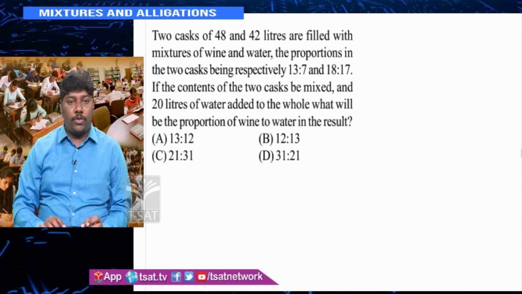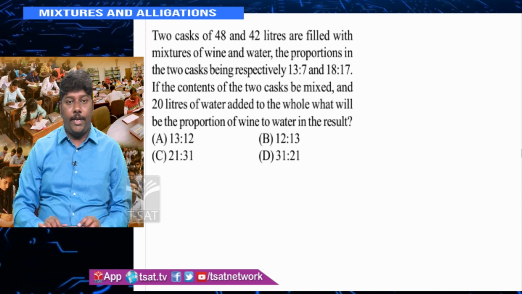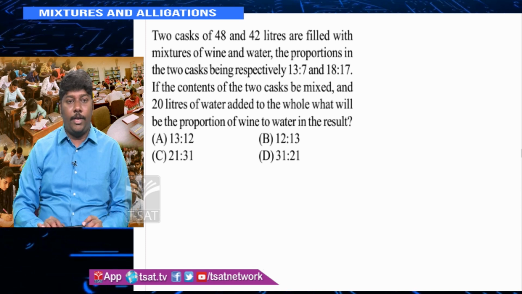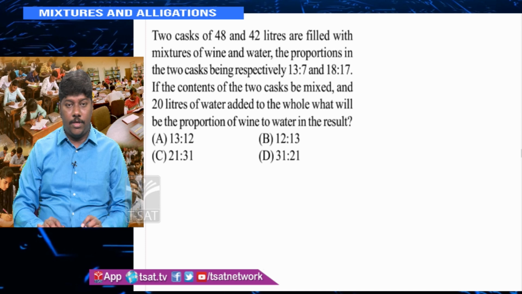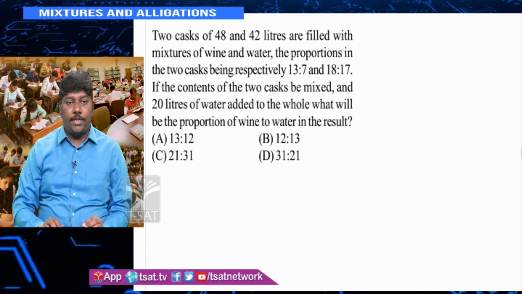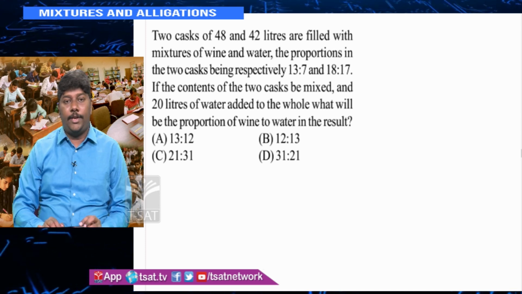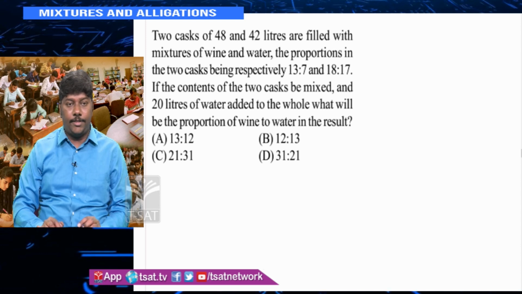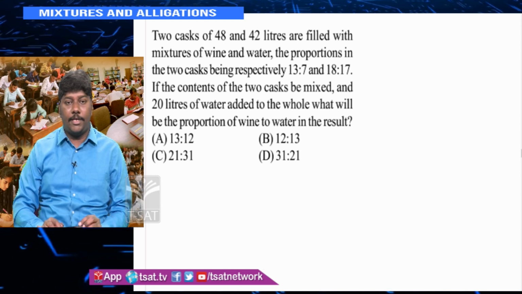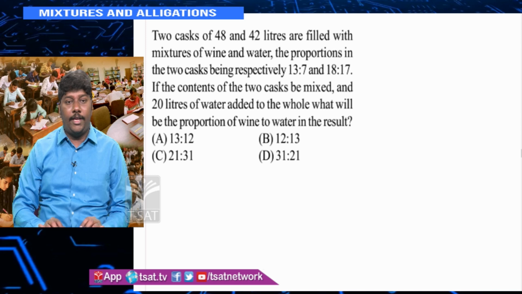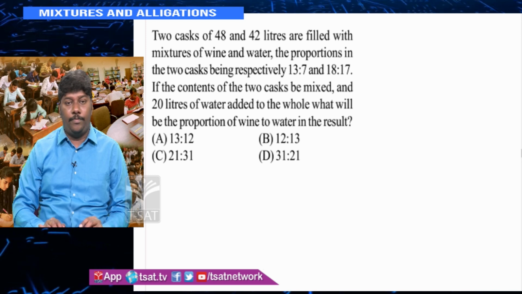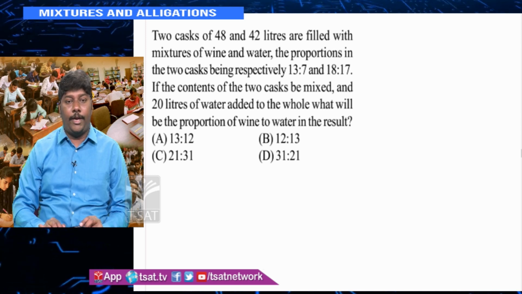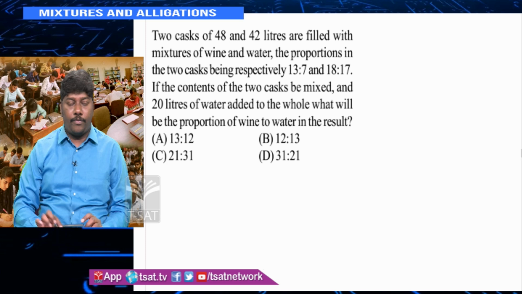Two casks of 48 and 42 liters are filled with mixtures of wine and water. The proportions in the two casks are respectively 13:7 and 18:17 of the contents. If the contents of the two casks be mixed and 20 liters of water is added to the whole, what will be the proportion of wine and water in the result?